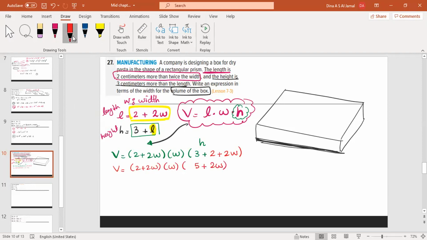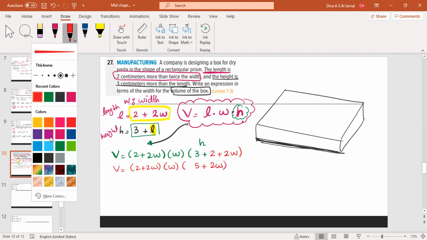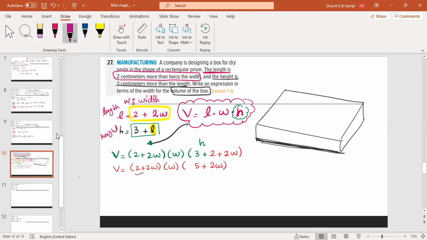Now, first of all, to simplify this, let's get rid of this by the distributive property. So distribute this, it will be 2w squared plus 2w. And now you will be having two binomials multiplied by each other. You can use the FOIL method to solve this. Easily you can use the FOIL method.